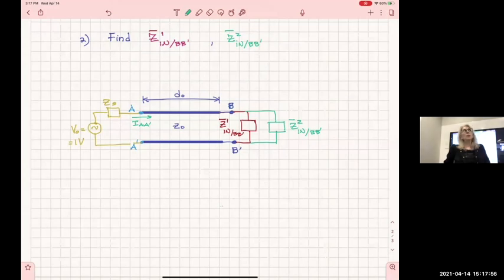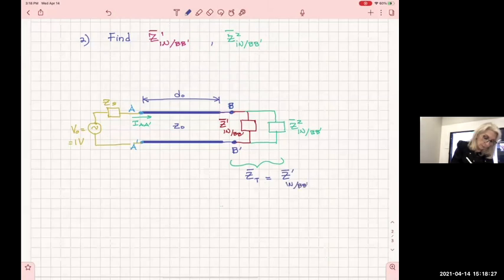Okay, so now that I have those in parallel and I know them, what am I going to do? What do you do when you have two impedances in parallel and you know both of them? How do you find the equivalent impedance? Yeah, we're using the parallel combination of two impedances. So practically here, I'm going to replace it with the total impedance, which I call Z sub T. And this is going to be the parallel combination of this one with this one.